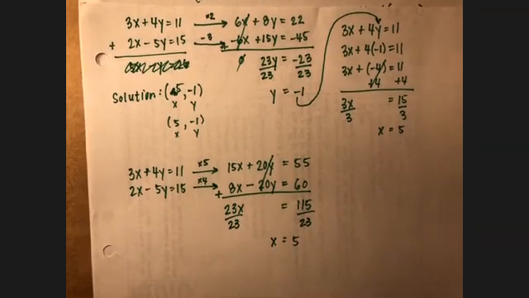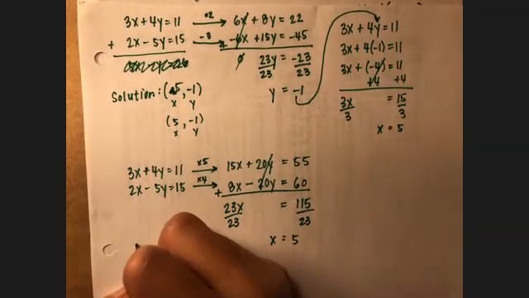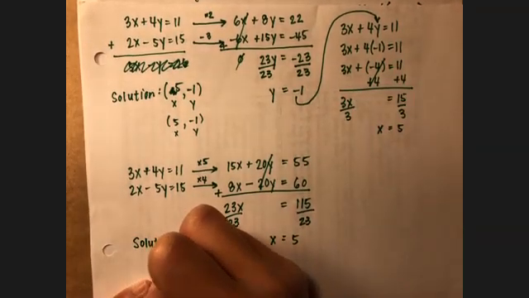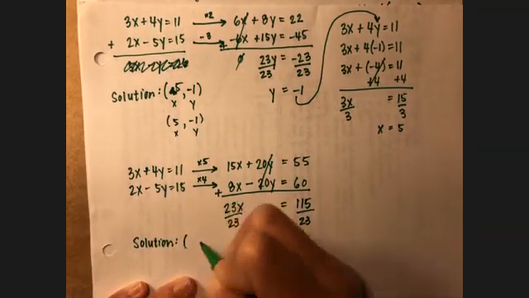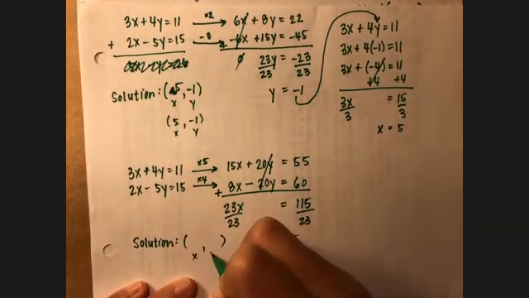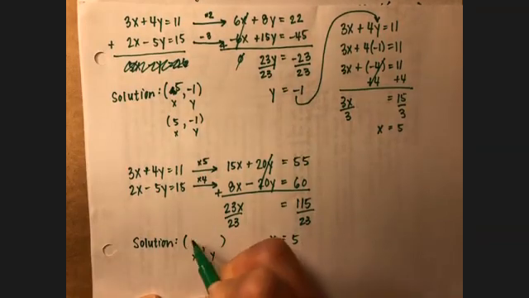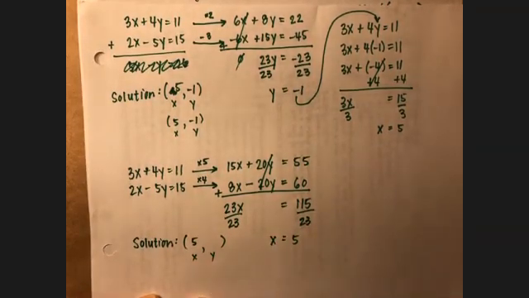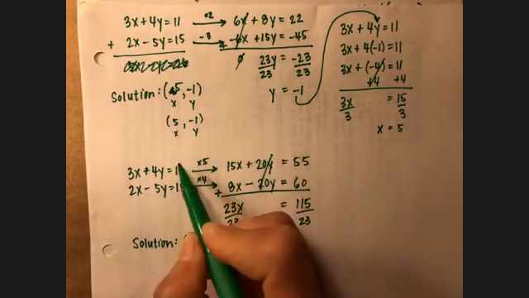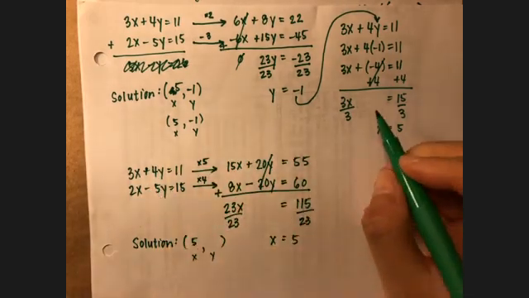Okay, so let's do the same thing. Remember, our solution needs two numbers. We need an x and a y. We know the x is 5. Let's see what the y is. Remember, to find the y, we just take the 5 and we put it back into one of the original equations.